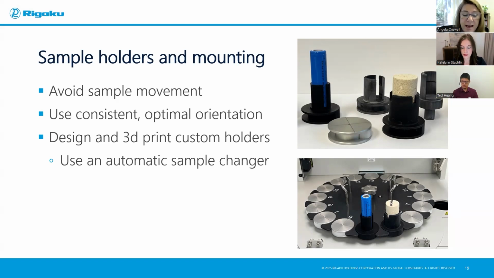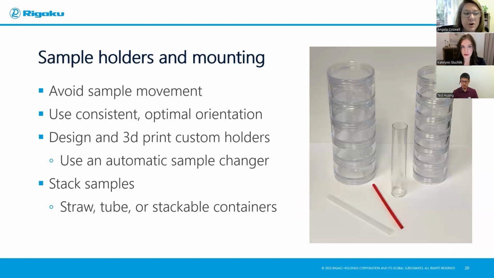But don't worry if you don't have an automatic sample changer, all's not lost. You can think of how you might devise your own. I've seen some laboratories utilize things that stack samples, for example, inside of straws or inside of tubes. There are some hobby stores that have stacking, screwable containers, and I've seen those utilized as well.